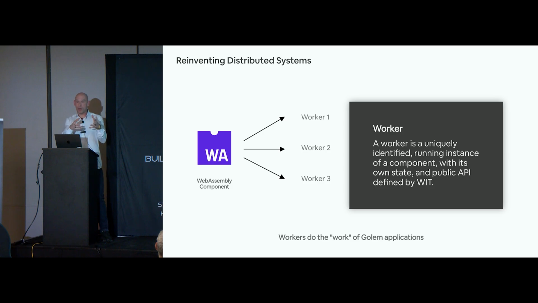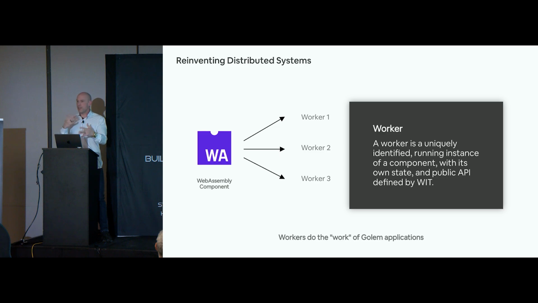And because it is running, it's not an exe. A component is a lot like an exe. A worker is more like the process that is actually running in your operating system that you see in Task Manager, or when you type ps in your command prompt, and you see it's actually running. And in that running process, it has state.